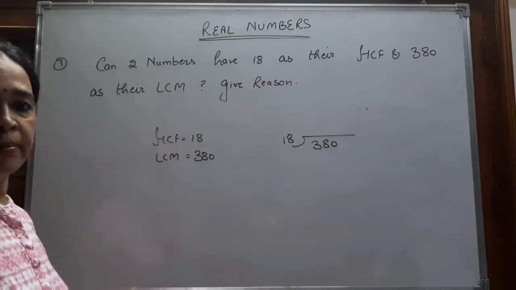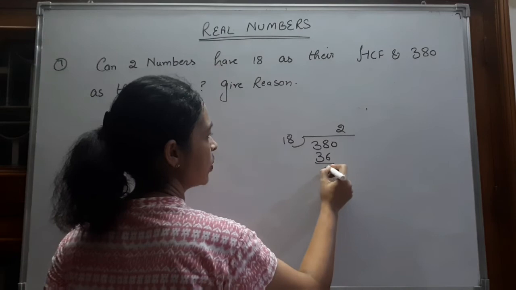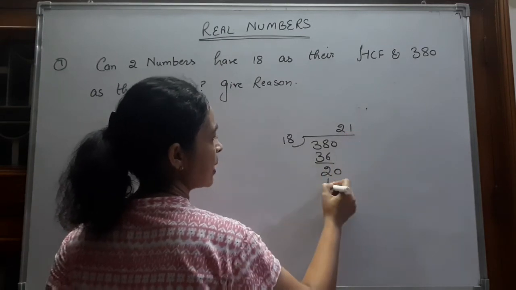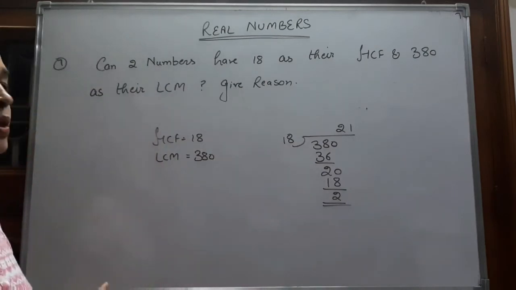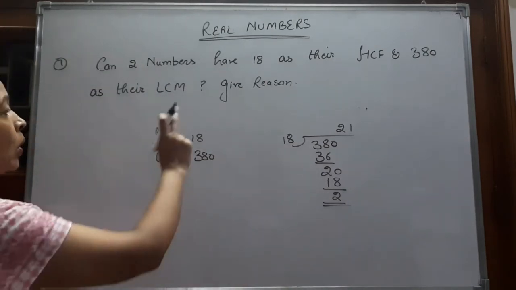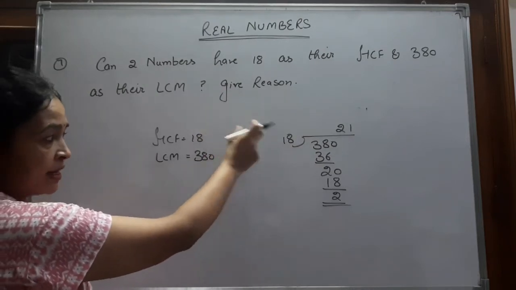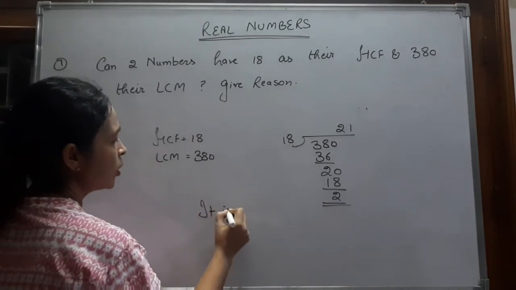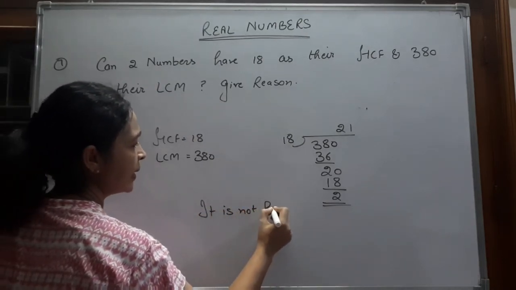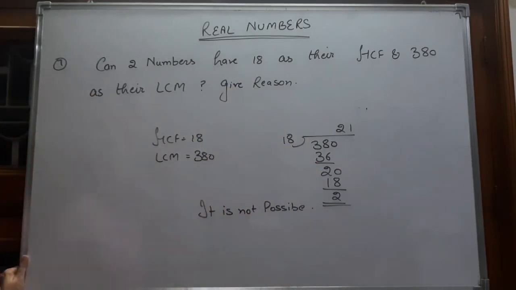We are dividing the LCM by the HCF. 18 2s are 36. 18 1s are 18. 380 is not divisible by 18. So, if we divide the LCM by the HCF, the remainder is not 0. So it is not possible that two numbers have 18 as HCF and 380 as LCM.